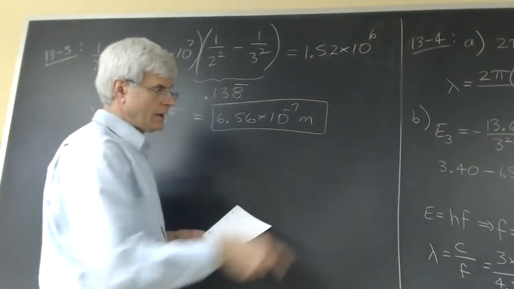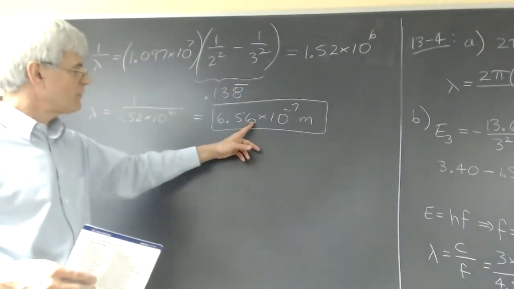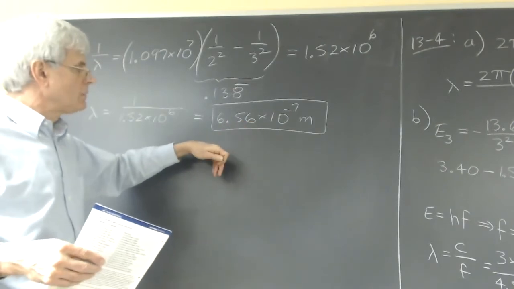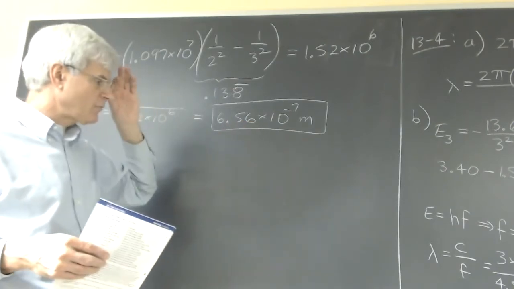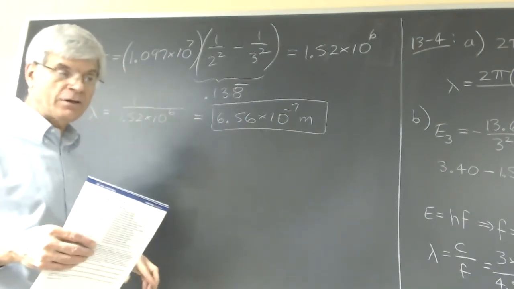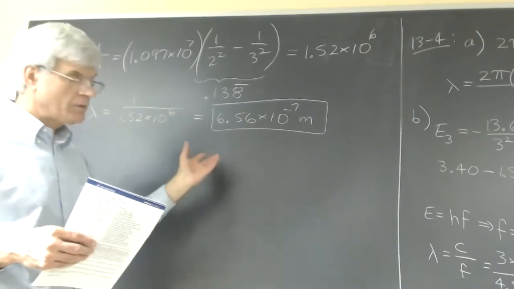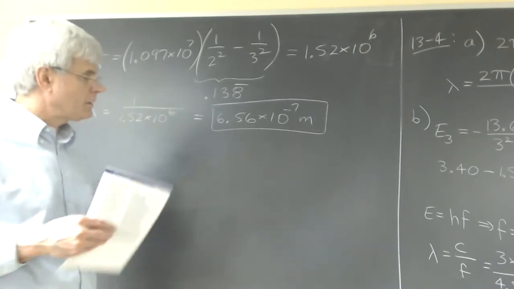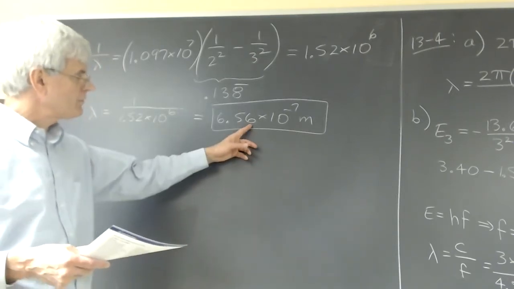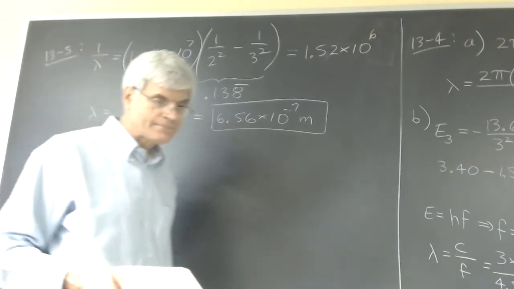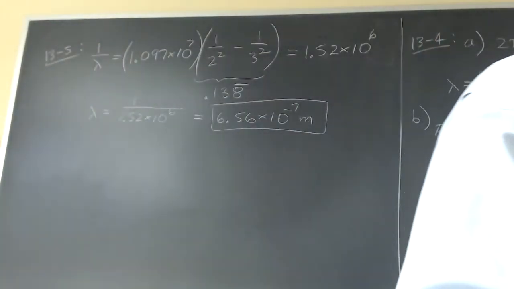When I did it the other way, I got 6.59 instead of 6.56. Well, if I carried the numbers out another decimal place, there wouldn't have been any difference, but the way the numbers were rounded caused a little bit of a difference in the last decimal place. Time to once again turn the page.